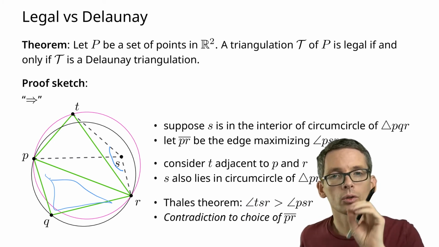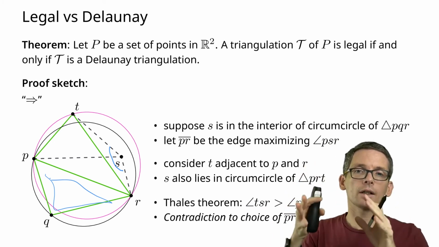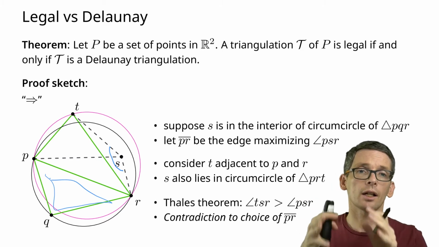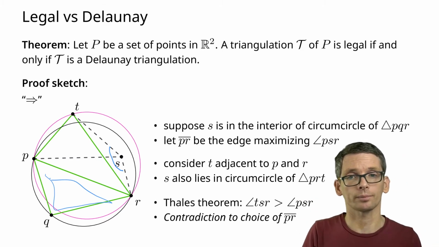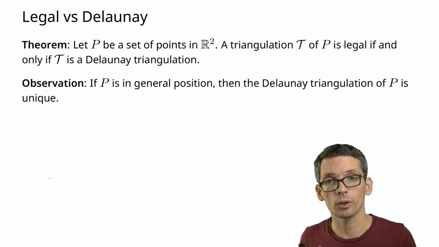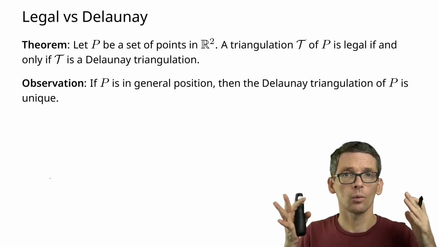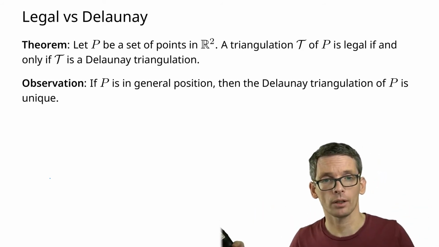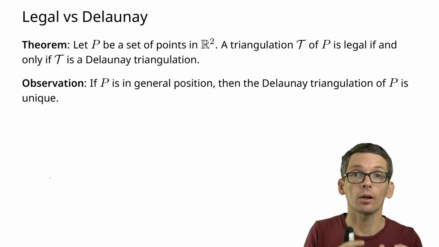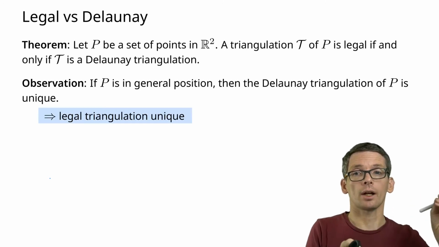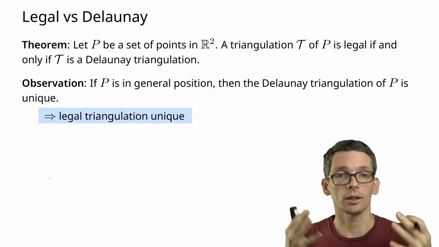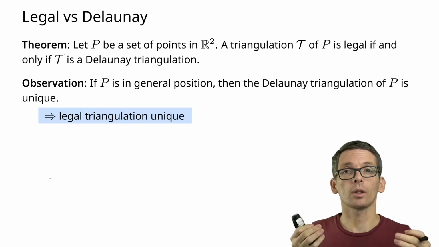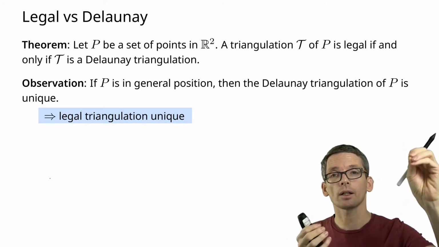And in conclusion, this means that a triangulation is legal if and only if it's a Delaunay triangulation. Now, if we have points in general position, there's exactly one Delaunay triangulation for a point set, so it is unique. That also means the legal triangulation for such a point set is unique. Now we know that the angle optimal triangulation is legal.